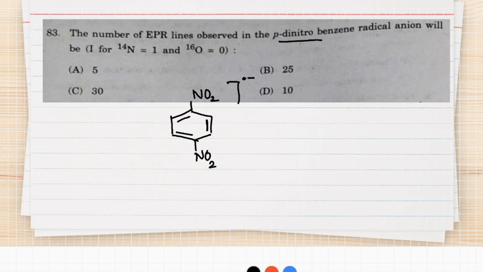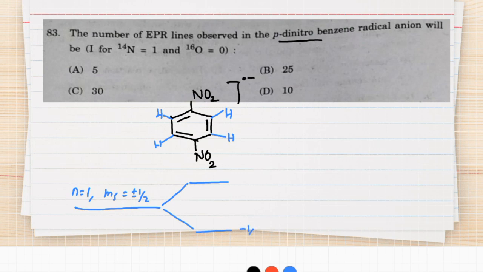Now in this compound there are 4 hydrogen atoms which interact with the electron. For that single electron, n is equal to 1 and the spin is plus minus half. Under the influence of the magnetic field they will be split, and you get minus half and plus half. This is called electron spin resonance.